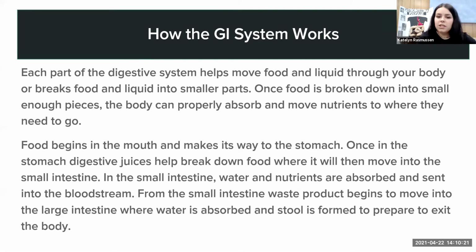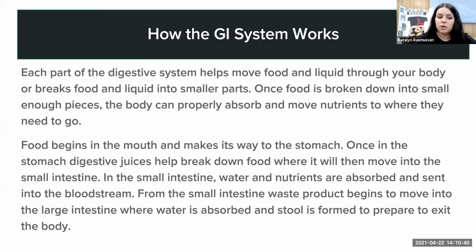So how the GI system works. Each part of the digestive system helps move food and liquid through your body, or breaks it down into smaller parts. Once the food is broken down small enough, the body can properly absorb and move the nutrients to where they need to go.